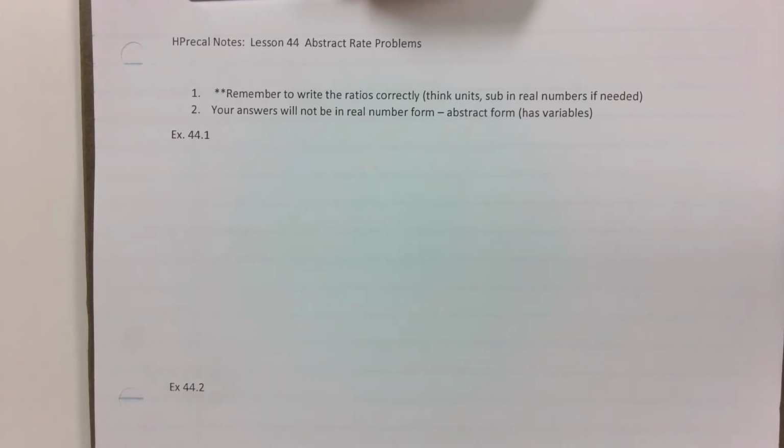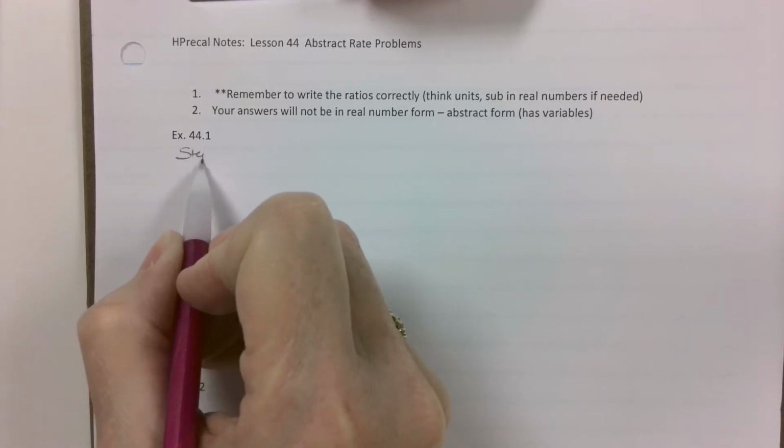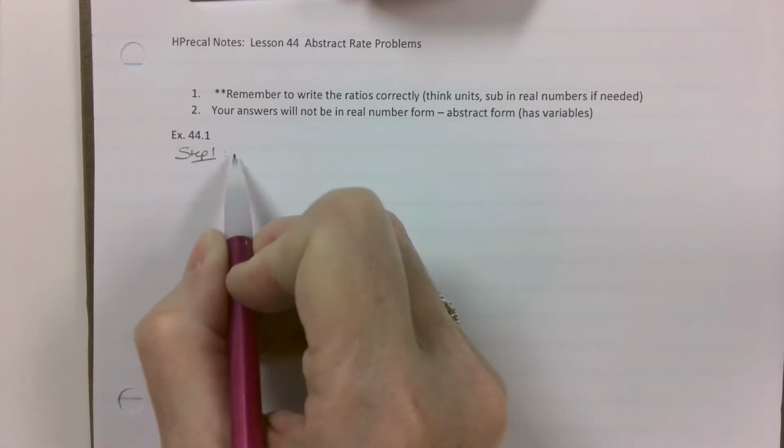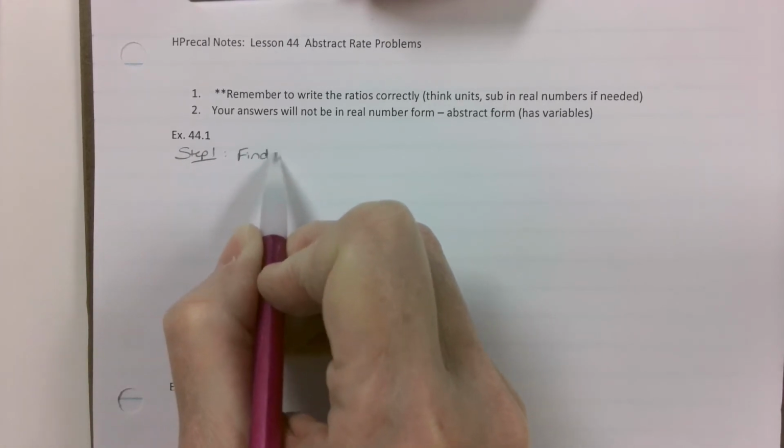Okay. Example number 1 in lesson 44. It says Peter purchased P pencils for D dollars. If the P pencils had cost X more dollars, how many pencils could Peter have purchased for $20? So step 1 is you find the cost of one pencil.